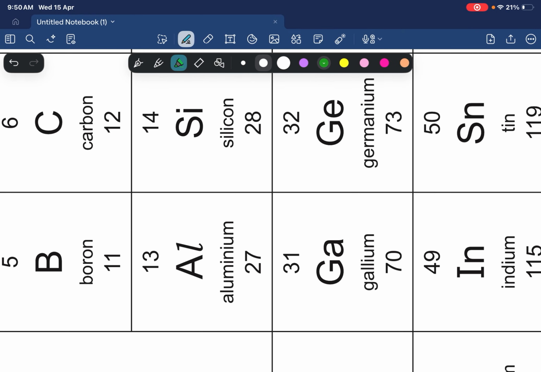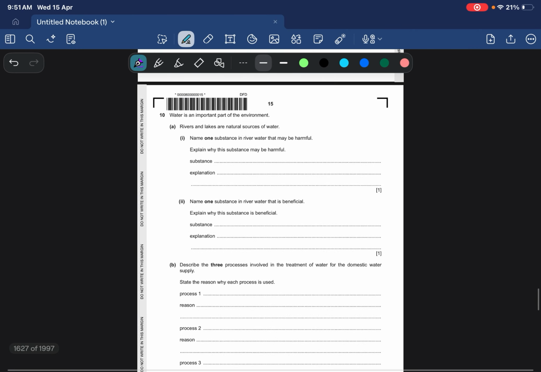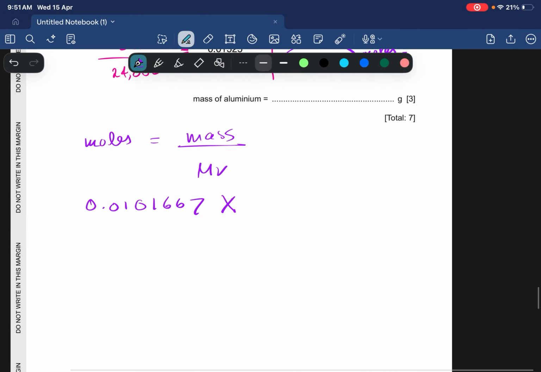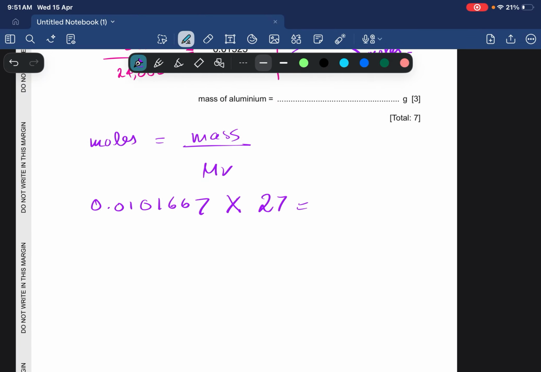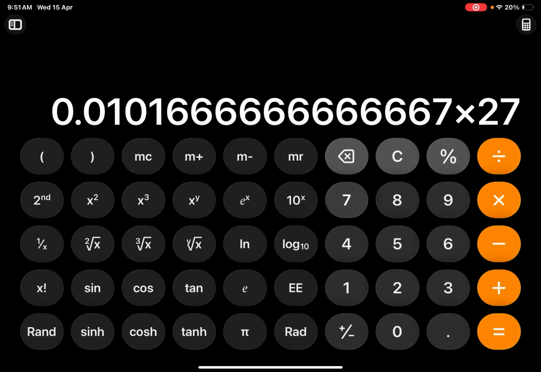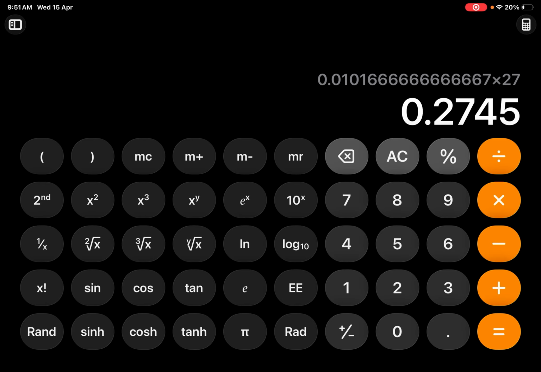By the way, I know many people take 13. Please don't do this. You take 27 as your Ar or the Mr. That's the thing you have to take. So it's 27. Multiplied by 27 equals your mass. So times 27, this is my mass of aluminum.